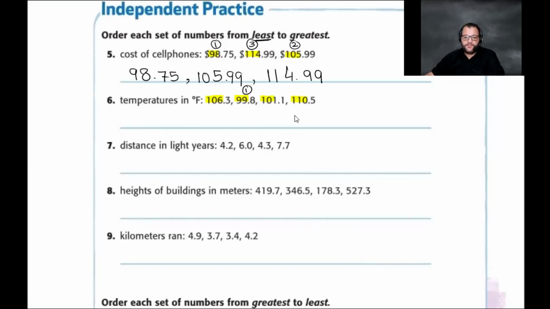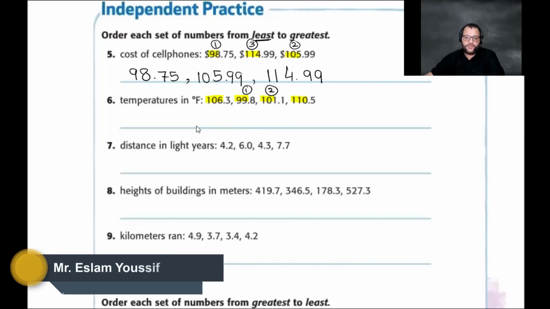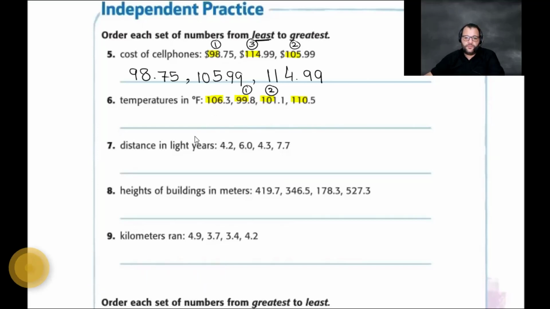Yes. And then 101.1. Yes. And then 110.5. Then 106.3.